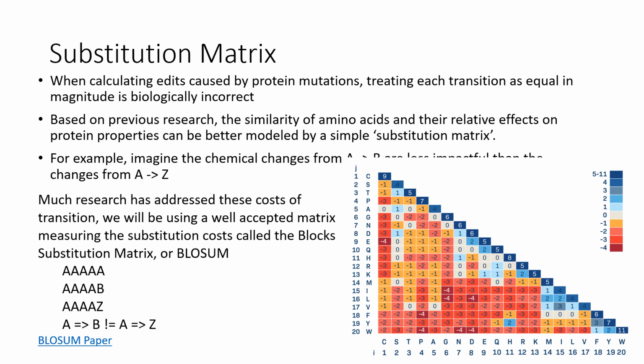So the basic intuition here is that there might be amino acids that are fairly chemically similar or have similar properties when they're included in subsequences. And so shifting between them, a mutation from one to the other, may be less impactful than a mutation from a different set of amino acids.